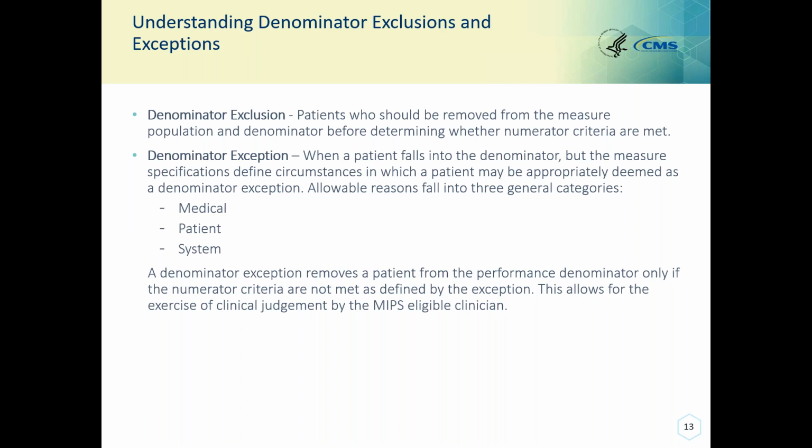Allowable reasons fall into three categories: medical, patient, or system reason. A denominator exception removes a patient from the performance denominator only if the numerator criteria are not met as defined by the exception. This allows for the exercise of clinical judgment by the MIPS eligible clinician. Next slide, please.